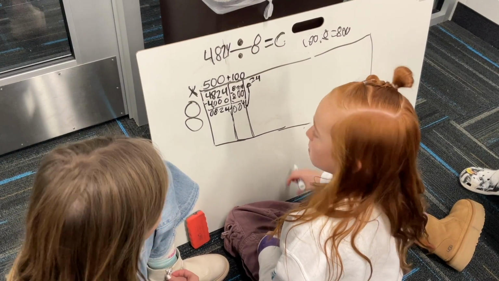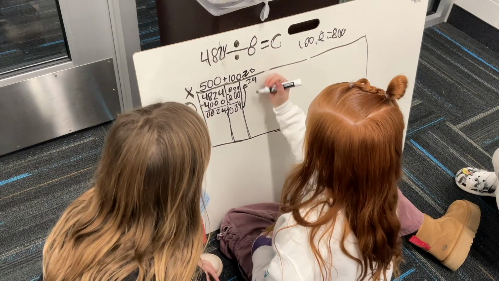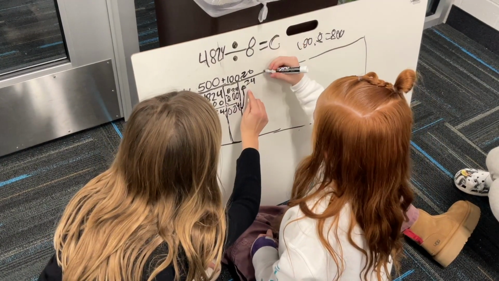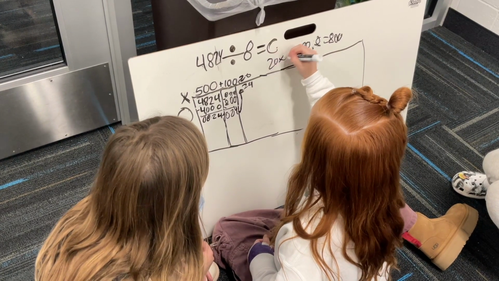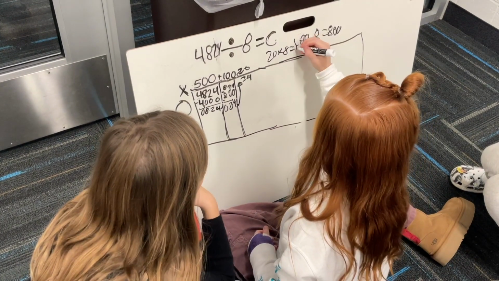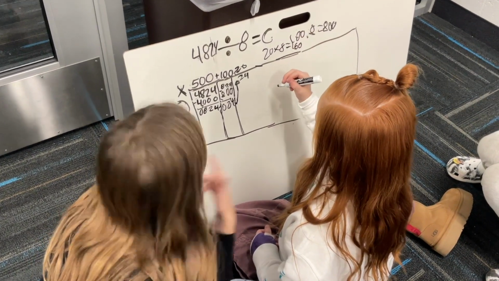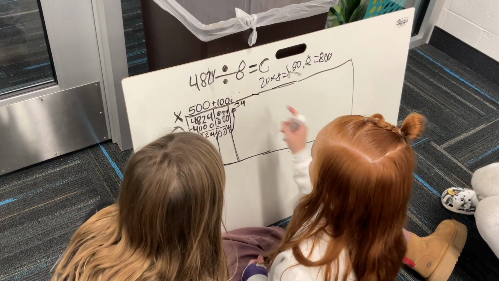Let's try 20. So 20 times 8, 8, 16, equals 1,600. We can't do that because that's way too high.